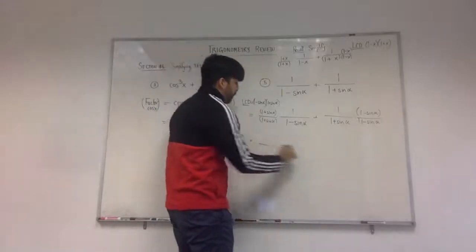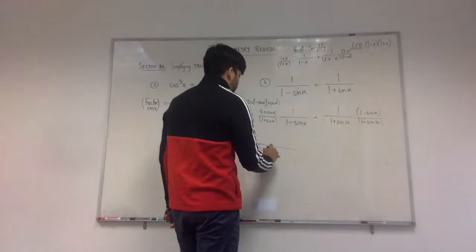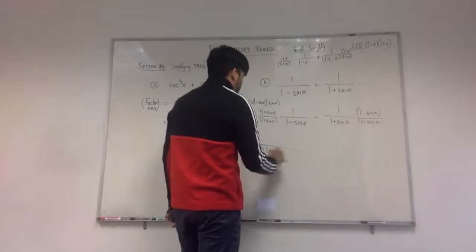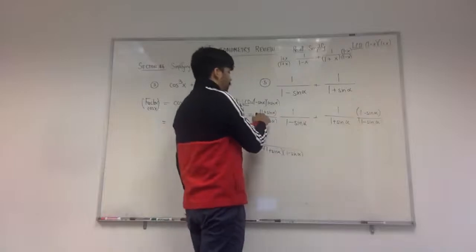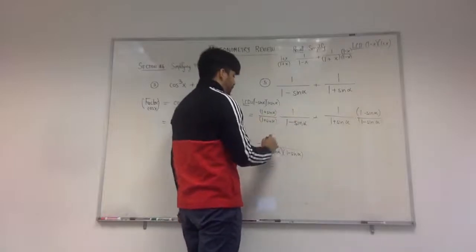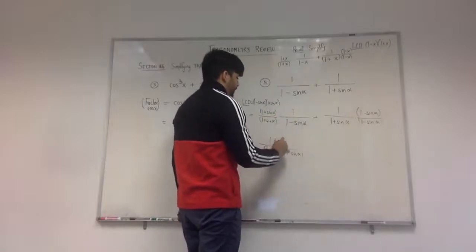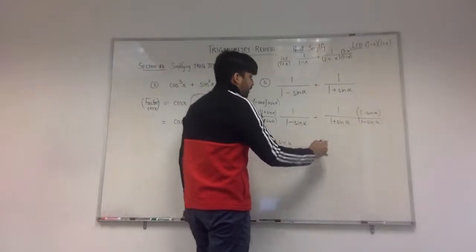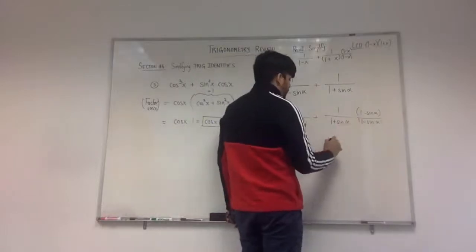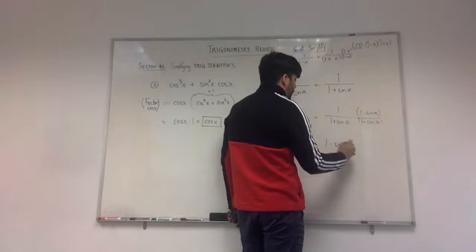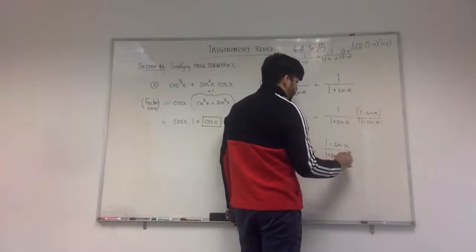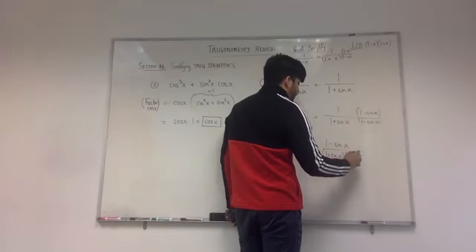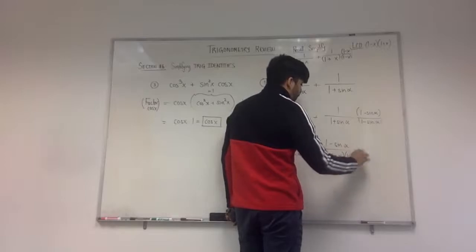Now, when I multiply the denominators, I get 1 plus sine alpha times 1 minus sine alpha, and 1 plus sine alpha times 1 is simply 1 plus sine alpha. Plus, multiply these across and I get 1 minus sine alpha over 1 plus sine alpha times 1 minus sine alpha.